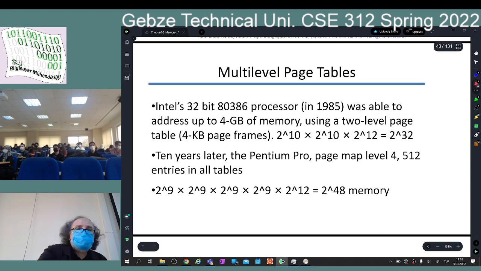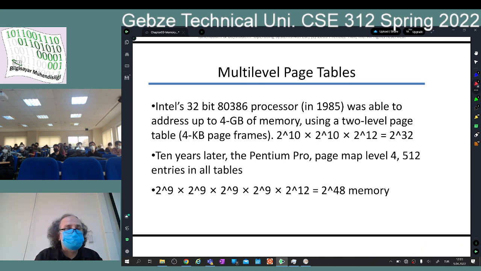Pentium Pro, 10 years later, in 1995, says that I will have 1, 2, 3, 4 page table levels, not just 2, and again my page size will be 4 kilobytes, and I can address in my virtual world 2 to the power 48 bytes.